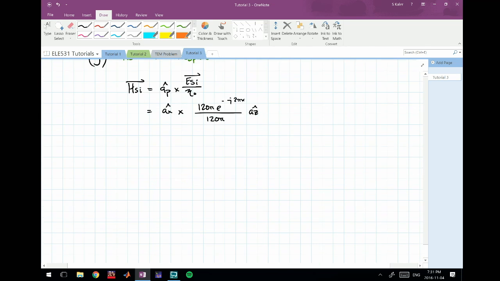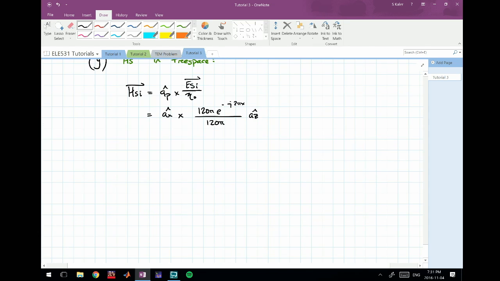So x cross z gives me minus AY. These two cancel, and I get minus e to the minus j2 pi x AY amps per meter. And this is HSI. That's one part of the question.